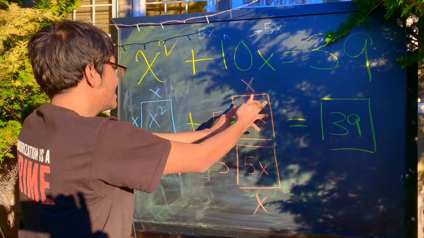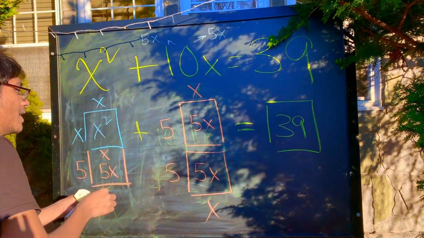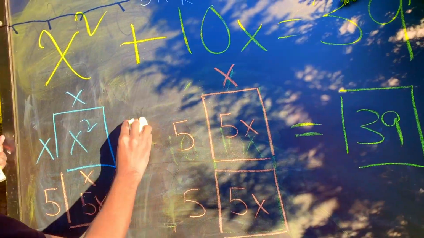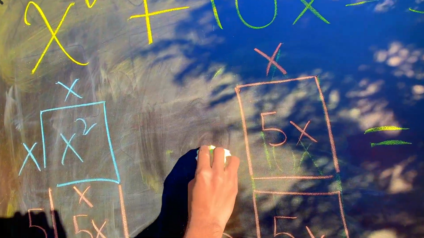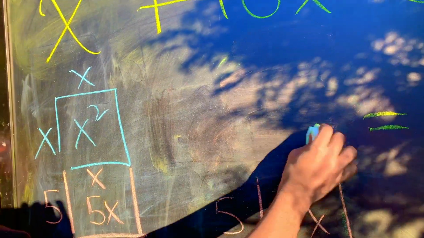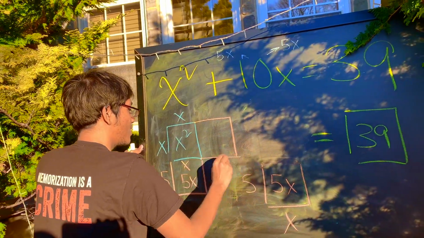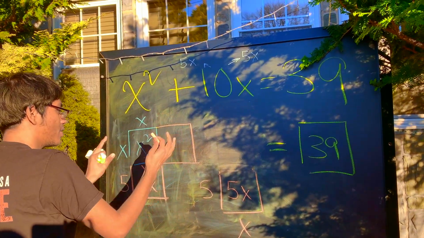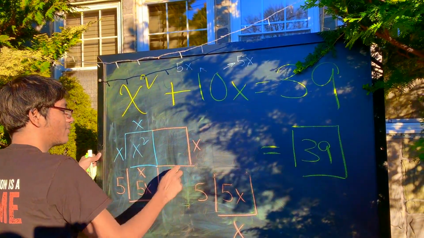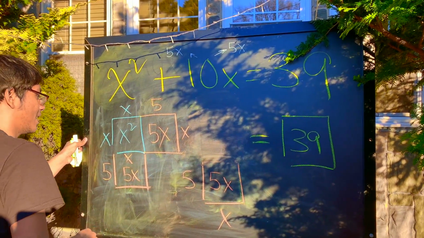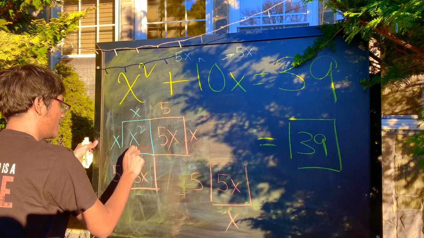And I can take this 5x and turn it around, so that it fits on perfectly with this rectangle right here. So I'm left with another rectangle over here. It has a side length of x and a width of 5, so that we're left with 5x on the inside. Okay, so hopefully that makes sense.